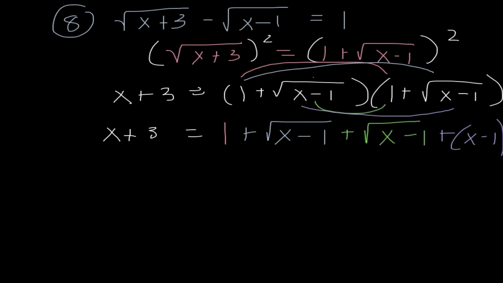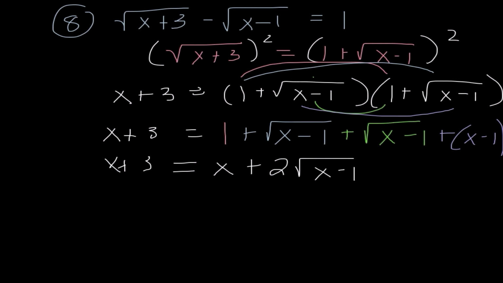So at this point then, I'm going to add my like terms together. So I'm going to add 1 and negative 1 together, which cancel out. Then I have this x, so I'm going to have equals x plus 2 radical x minus 1.